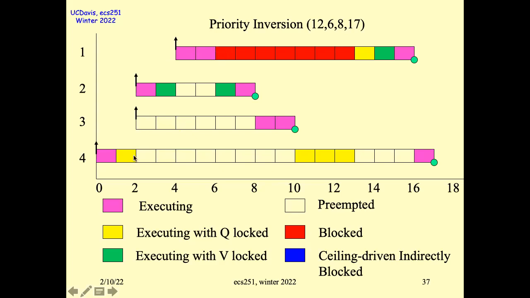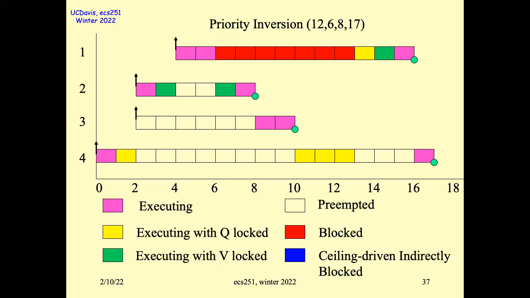But yellow is being held by thread number 4, so it gets blocked. Now it's not ready, so it's 2, 3, 4. Of course, 2 will win, so 2 finishes the green and then the pink. Then 3 runs, and finally 4 finishes. As long as the yellow is available, thread number 1 comes back and can finish.